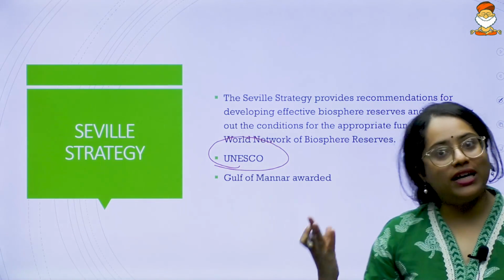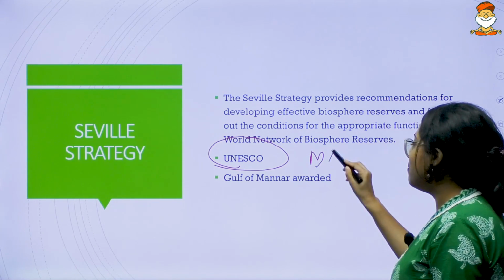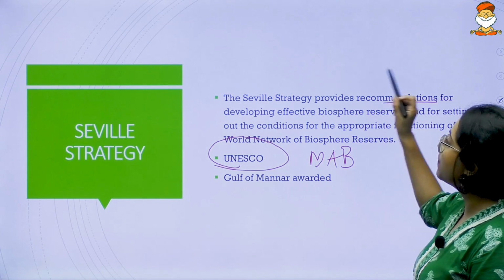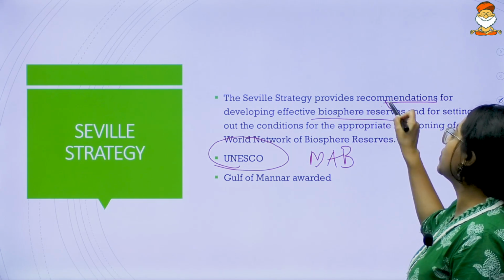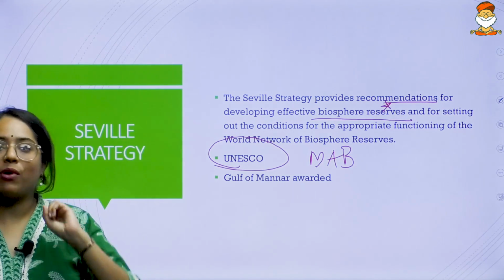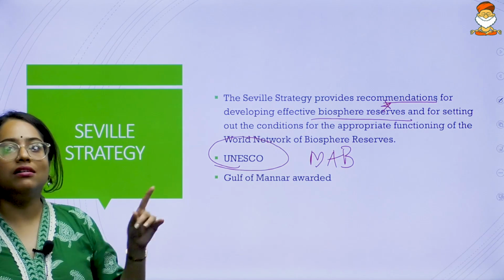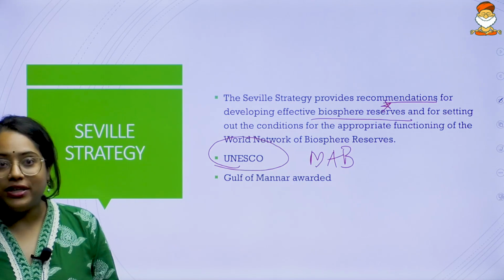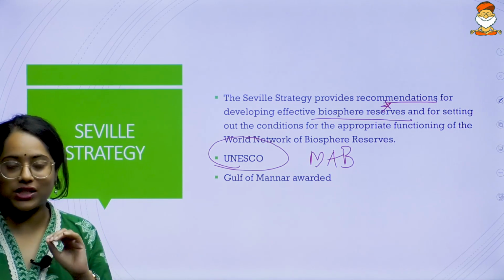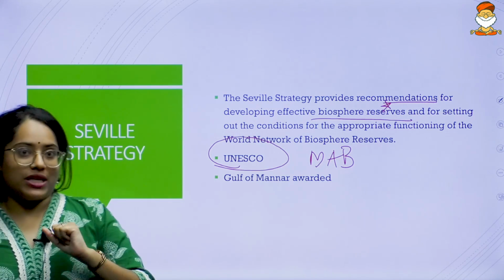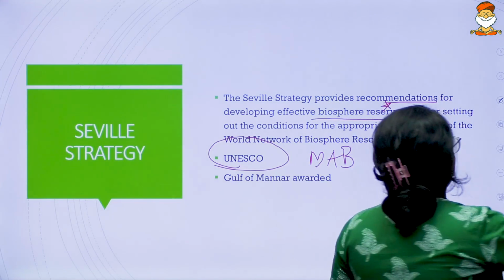Because UNESCO only devised the Man and Biosphere program. So the Seaweed strategy provides recommendations for developing effective biosphere reserves and for setting out conditions for their proper functioning. This year, the Gulf of Mannar in India was awarded. Because of its good functioning, it was awarded under the Seaweed strategy, and that is why this becomes important for us.